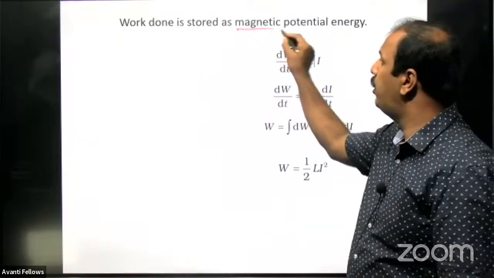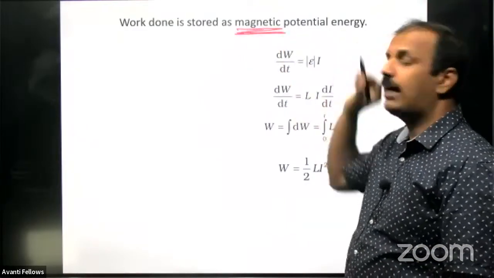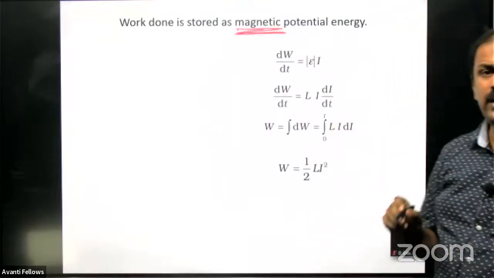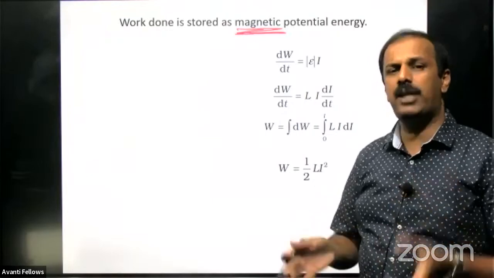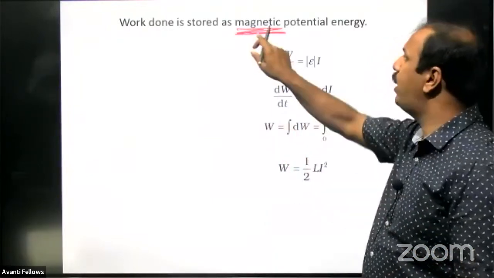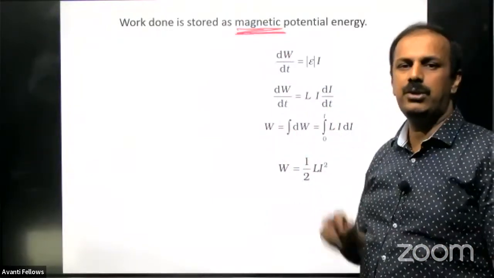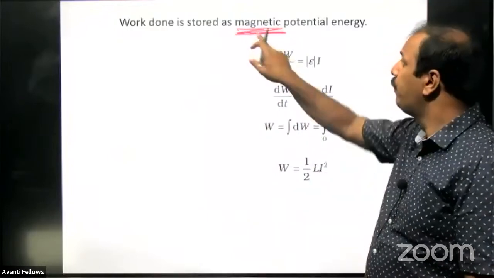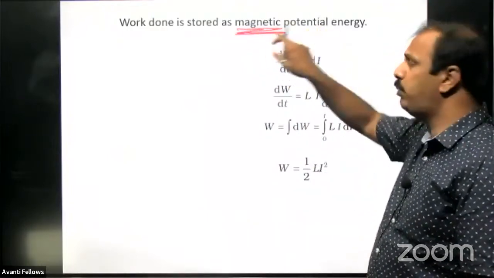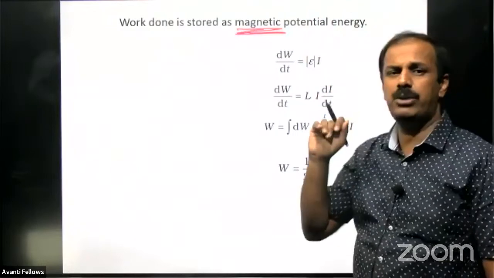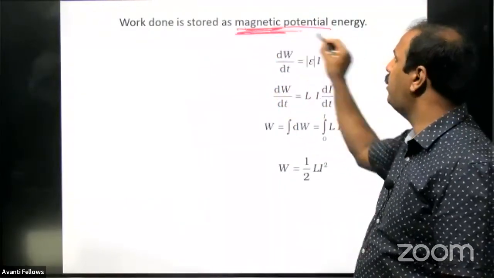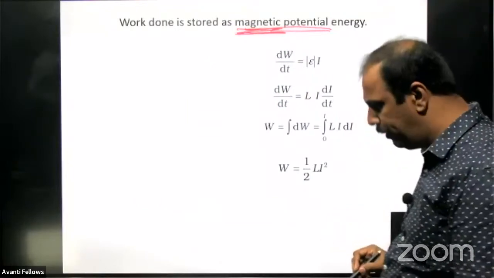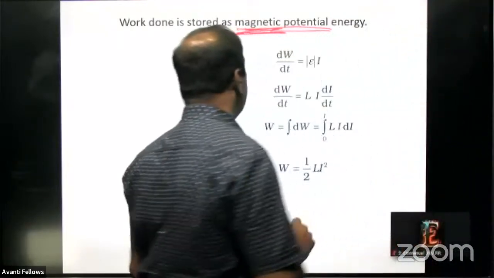This is important. When we had the capacitor, the energy was stored in the capacitor as electrostatic potential energy. Here it is stored as magnetic potential energy. So that is different. Many times this question came as a 1 mark question, so you should know that it is stored as magnetic potential energy. So how much will be the energy stored in this one, that we have to discuss.